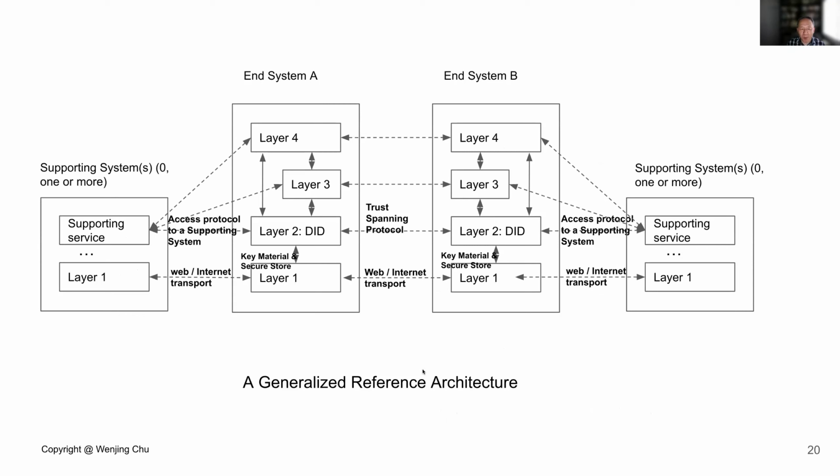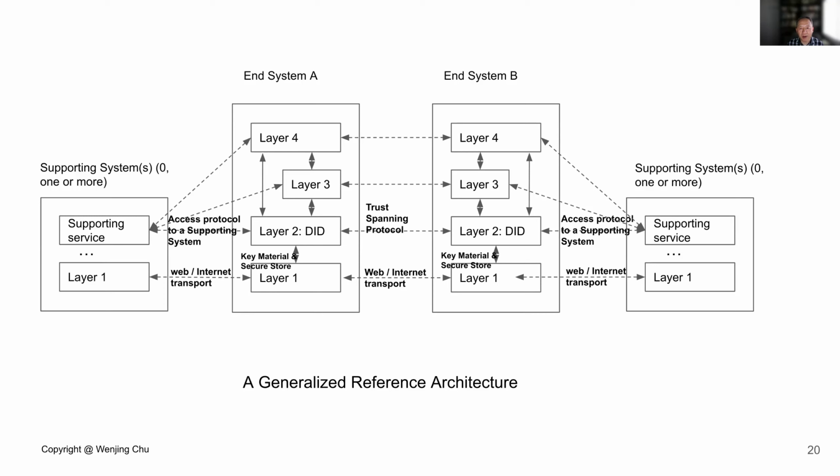We can go on with some more examples, but I would like to summarize and show this generalized reference architecture. In this architecture, you have system A and system B, two end systems, each with 4 layers. Layers 1, 3, and 4 can be quite different for both of them, but layer 2 is identical.